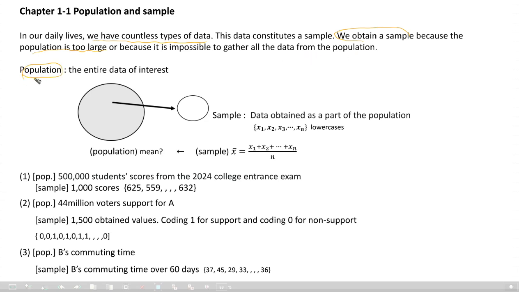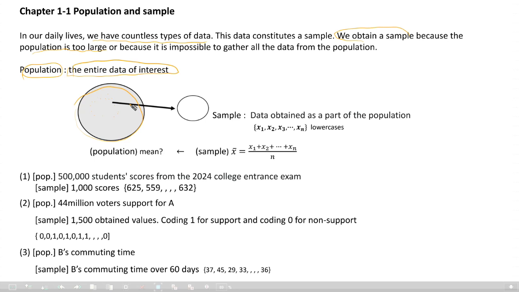See, population: the entire data of interest. Okay, so it is a big group. There are many data in the population. Those values are unknown. So sometimes you can consider it a theoretical set of data.